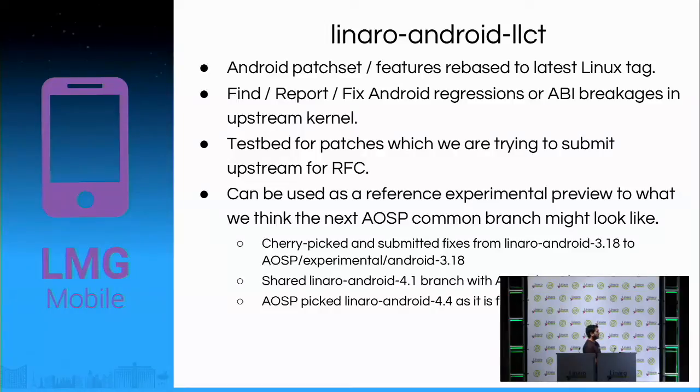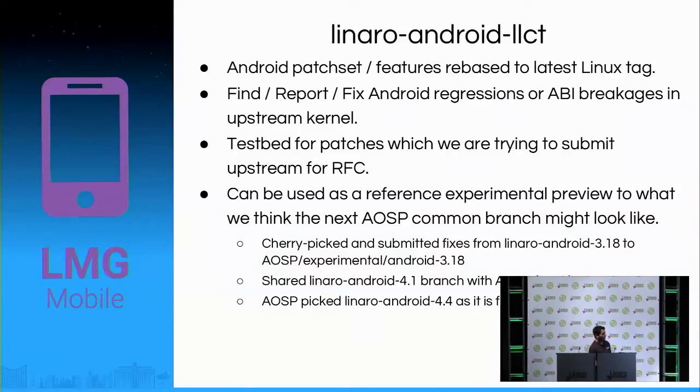It also serves as a test bed for patches which we are trying to upstream for RFC. And this is a success story for us. It can be used as a reference implementation or experimental preview of what we think the next Android common kernel will look like.